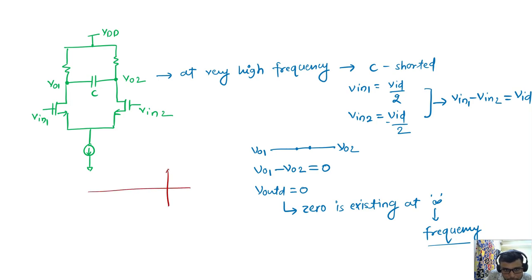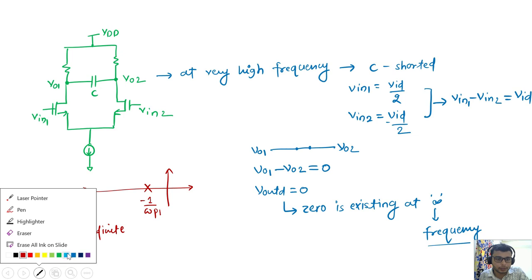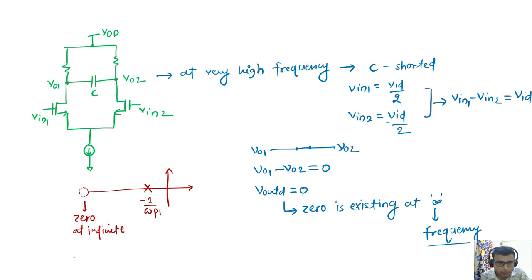If there is a root locus, this is my pole that I call 1 upon omega p1, and this is my zero at infinite. So closed loop poles are always tracing toward this infinite zero. What we can see here is that the system is always stable. The first order systems are unconditionally stable. So this is the root locus.